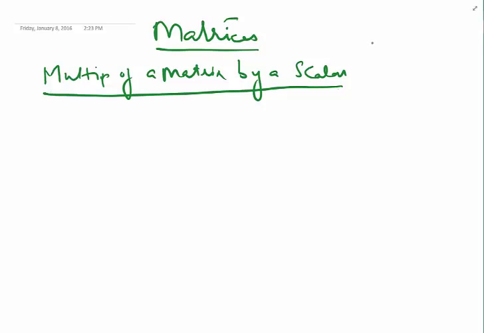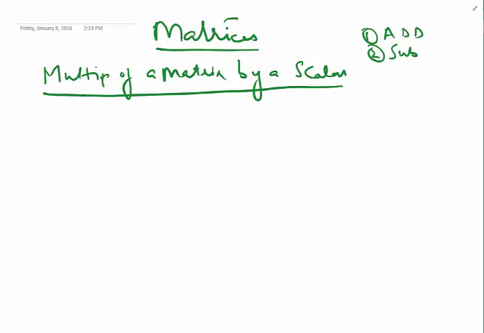Just for a quick recap, we have already discussed two operations. One is addition and second is subtraction of two or more than two matrices.